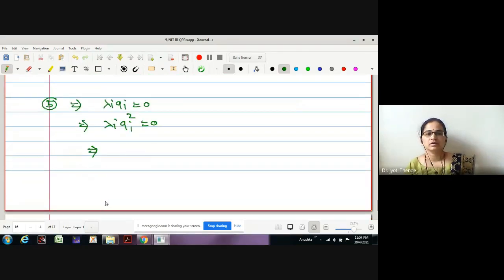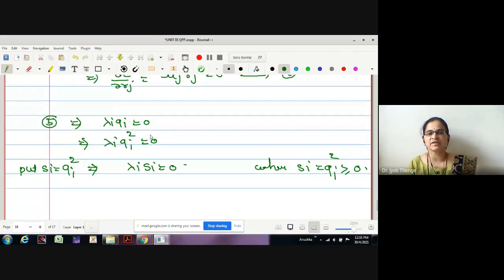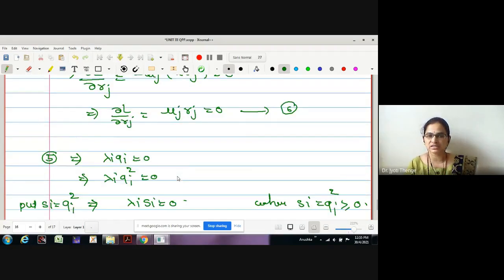Okay. Then let me put this qi square as si, new variable, so that this gives me lambda si equals to 0, where si equal to qi square is a non-negative variable. Okay, therefore the equation number 5 results into lambda I si equals to 0.